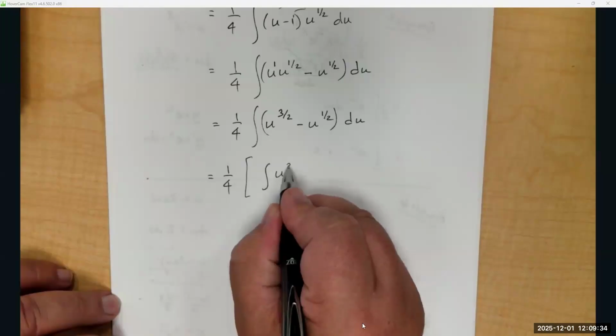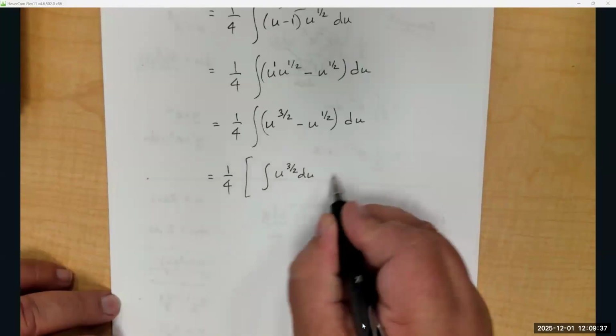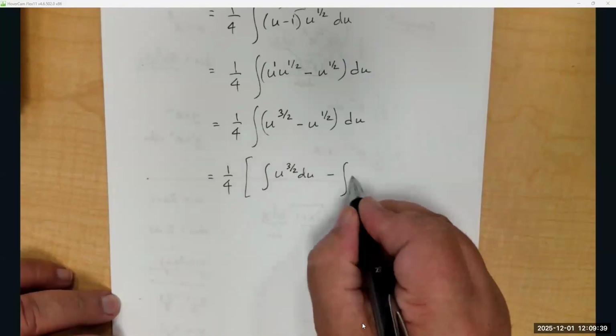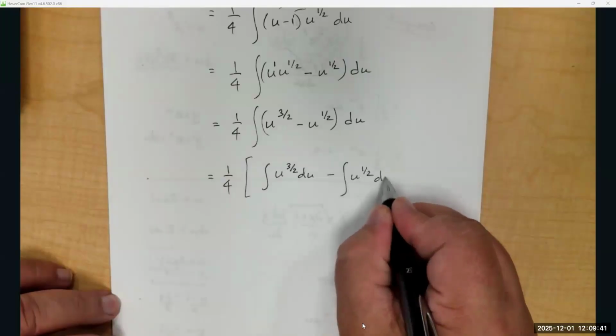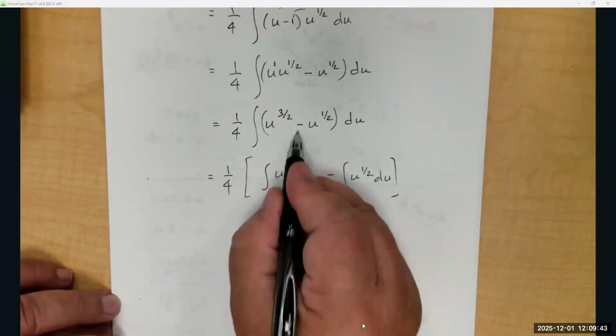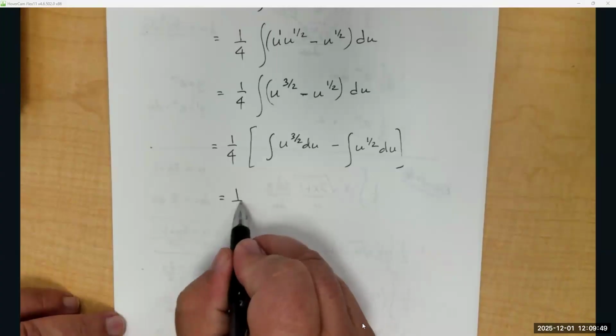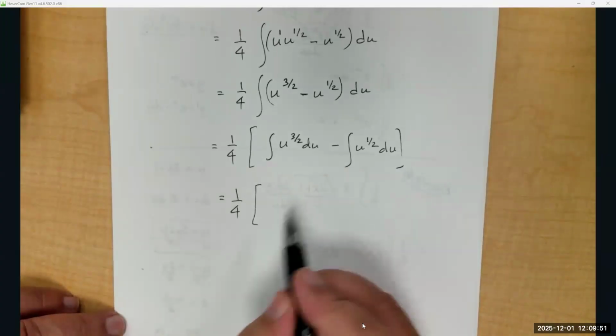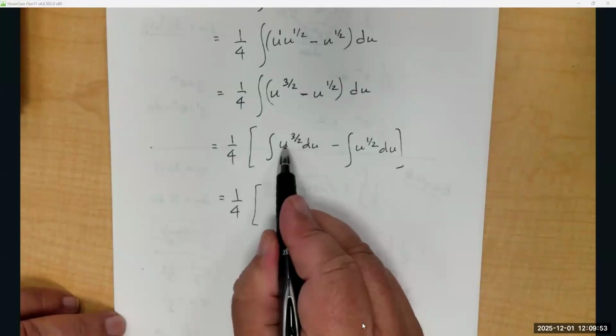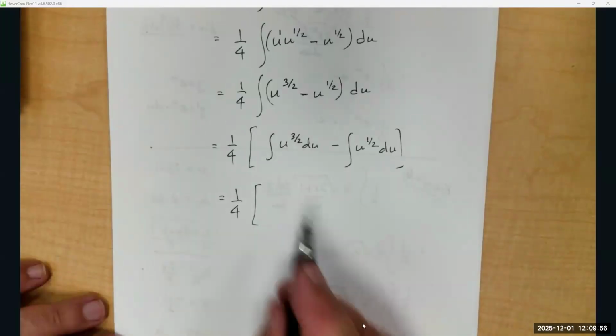Integral of u to the 3/2 du minus the integral of u to the 1/2 du. This is a subtraction rule, the difference rule. What's the integral of u to the power 3/2?